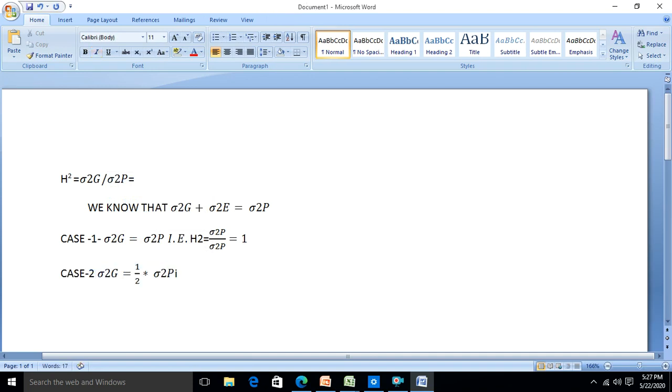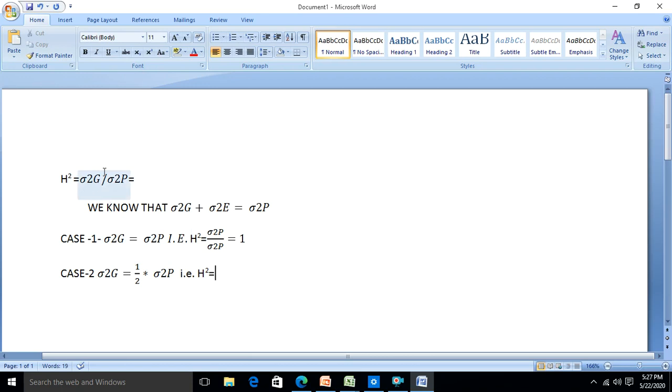So what will be your value of h square, which implies that heritability over here will be equal to, if I am taking a broad sense heritability, I have to stick to it. Heritability over here will be equal to sigma square g, which is equal to half of sigma square p.